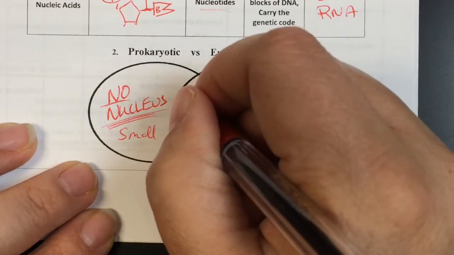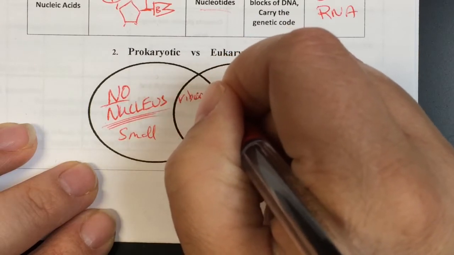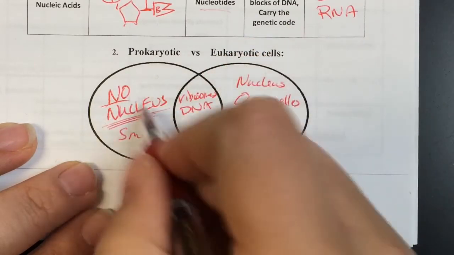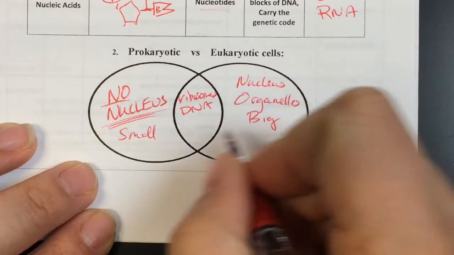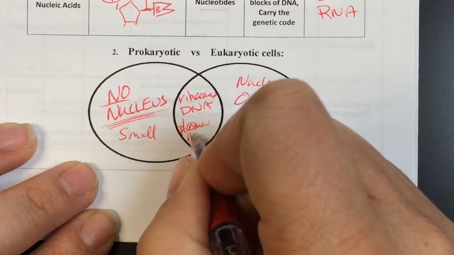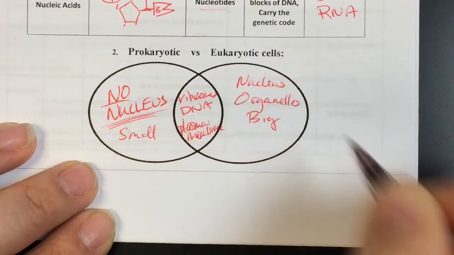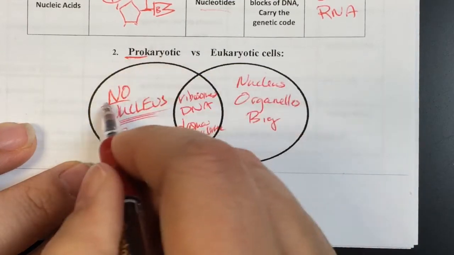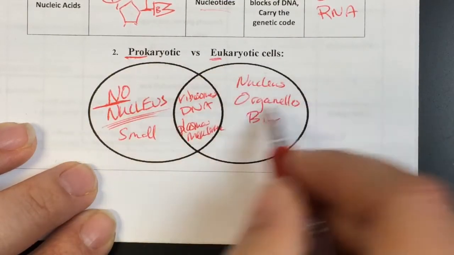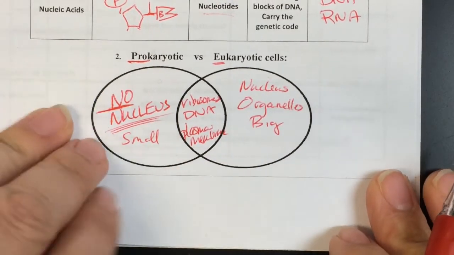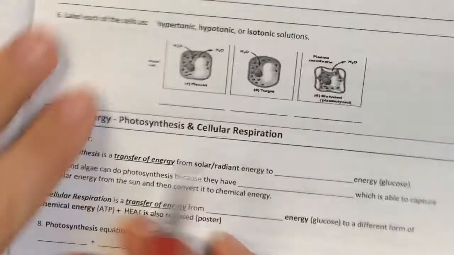Between them, they both have ribosomes, they both have DNA. This one just has no nucleus, this one does, and they both have plasma membranes. That's your big thing right there. Again, pro means no nucleus. So, key elements to remember on that one.